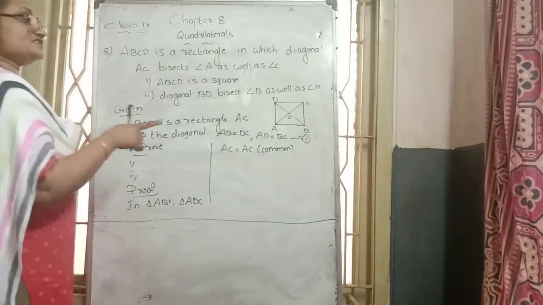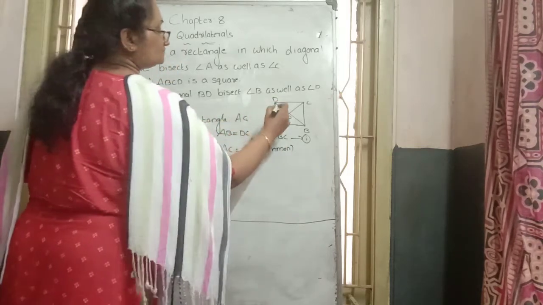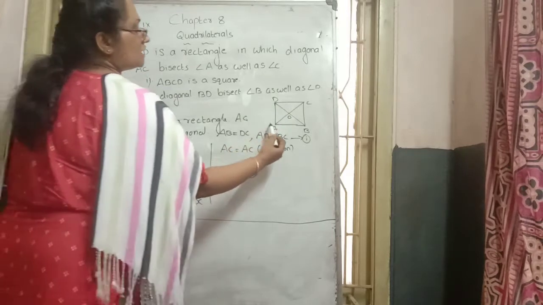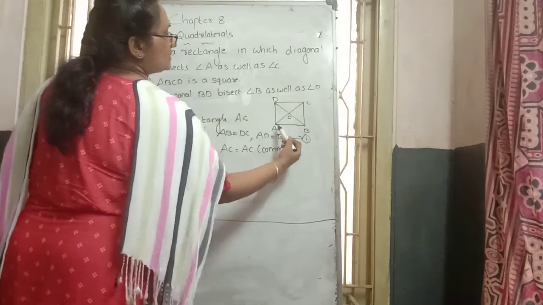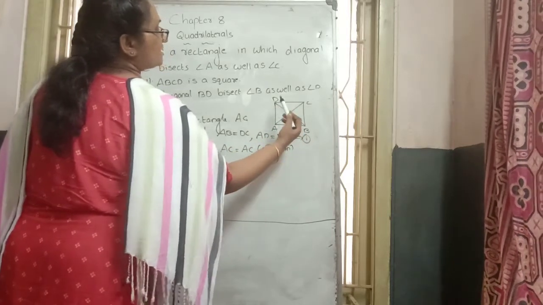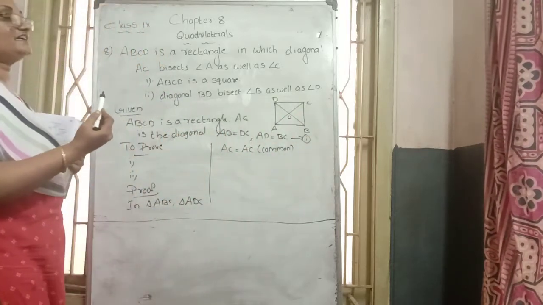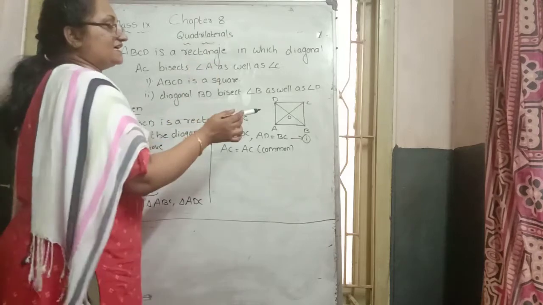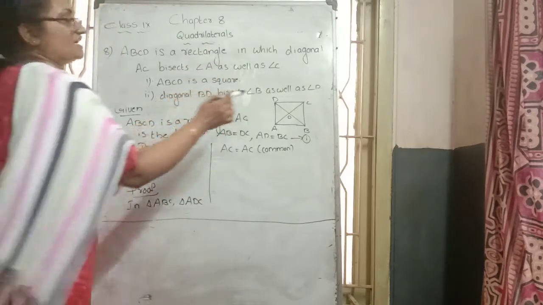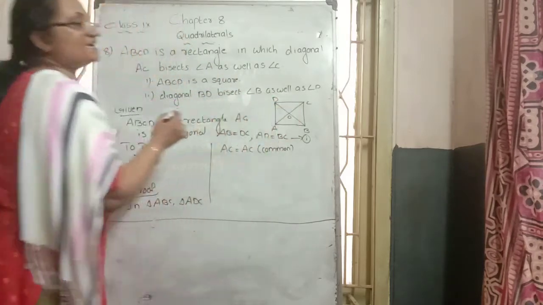Next, AB of the first triangle and DC of the second triangle are opposite sides. They are cut by a transversal AC.